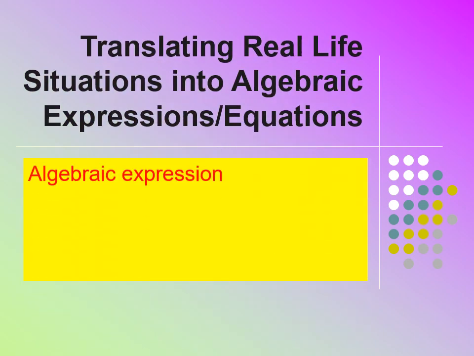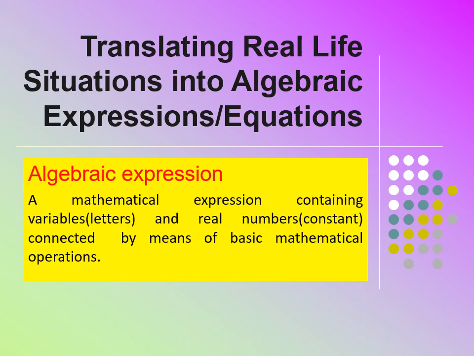By definition, an algebraic expression is a mathematical expression containing variables or letters and real numbers or constants connected by means of basic mathematical operations such as addition, subtraction, multiplication, or division. In short, yung algebraic expression ay statement na mayroong mga variable, may constant, at saka mayroon mathematical operation.